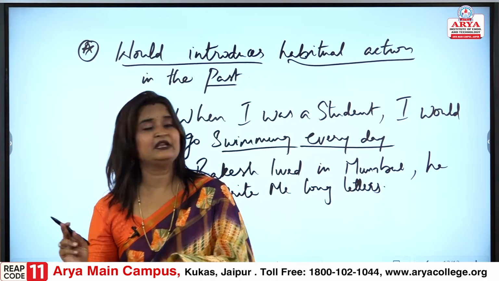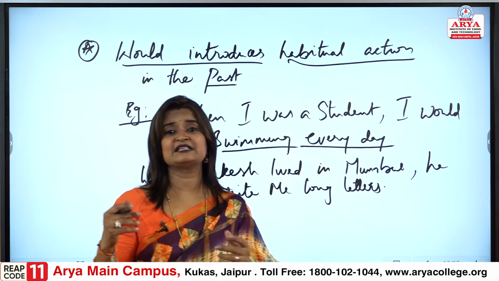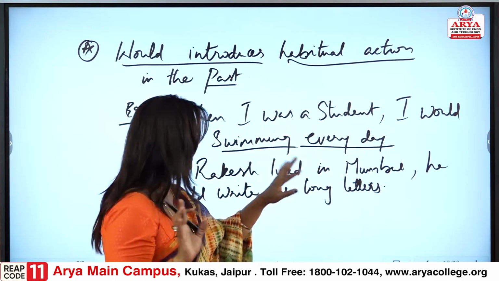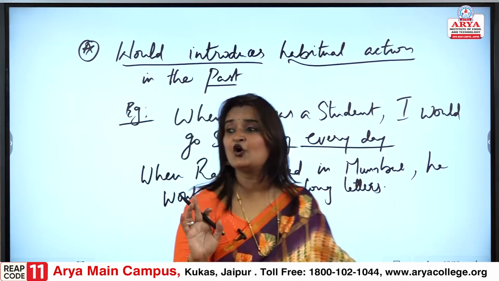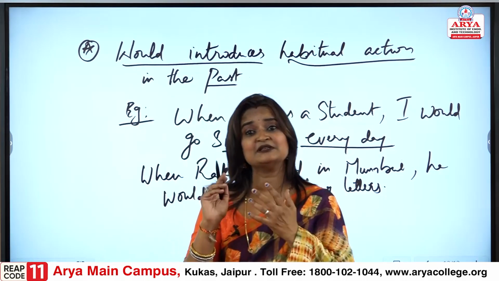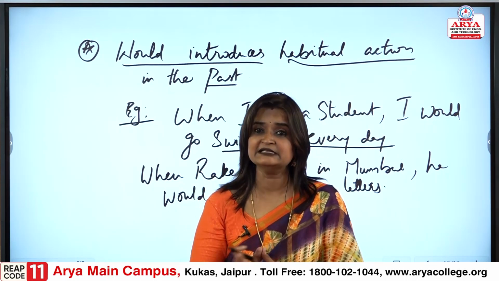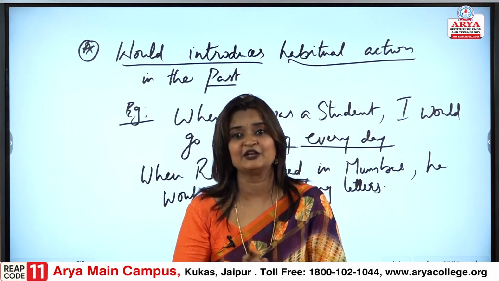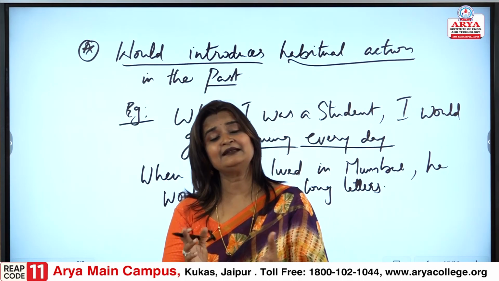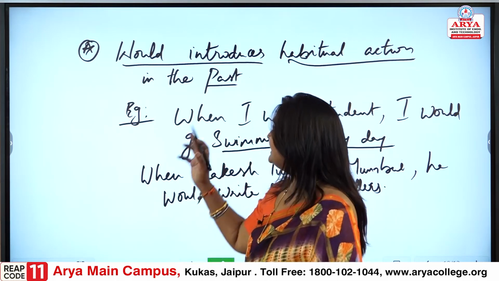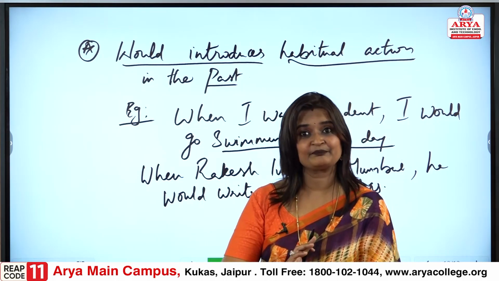So, again this was his routine or his habitual action. When Rakesh was living in Mumbai, he was in the habit of writing me long letters. Whatever happened, he used to write it to me. But maybe now the action has changed. So, again in this case we do this.